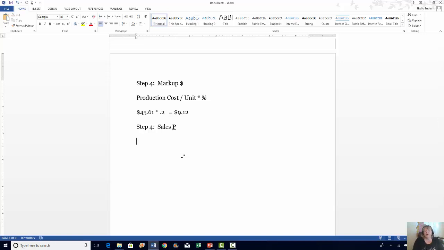Or you can do that when you are doing this in your business or for your boss. So the production cost is $45.61, and we're going to add the $9.12 because that's our markup. And we're going to get a price of $54.73. So here's the price that they recommend that we price our product with cost plus.